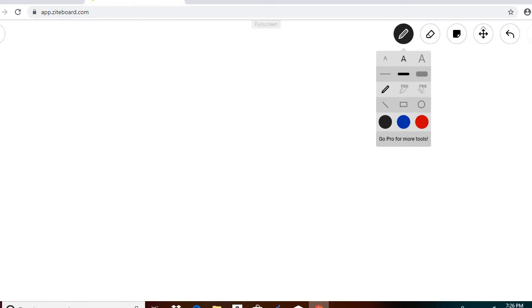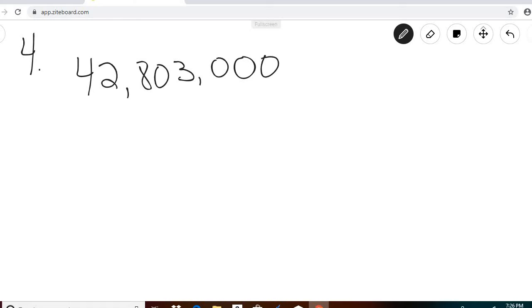Okay, number 4 is converting to scientific notation. So 42,803,000. First of all, this number has 5 significant figures. So the zeros on the end are not significant, but the other digits are. So we need to keep those 5 significant figures.